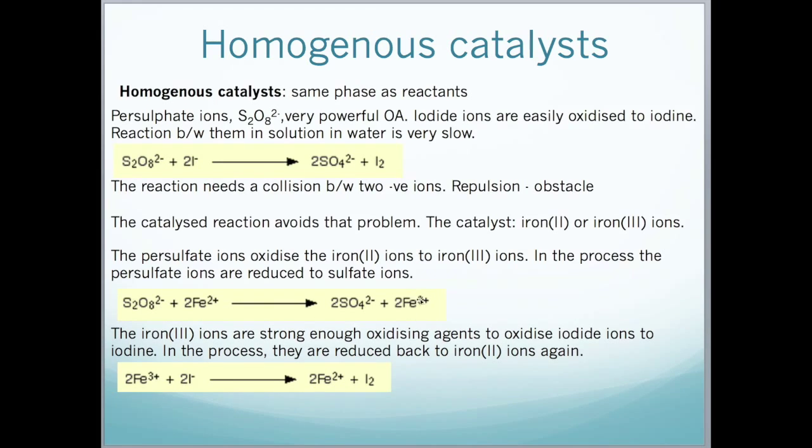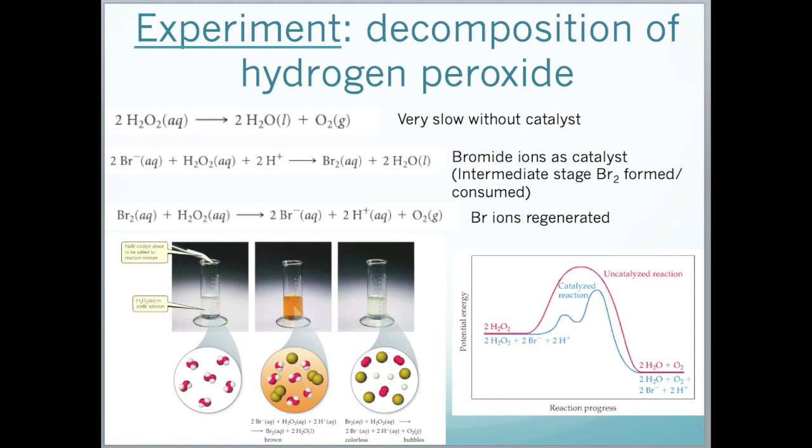The iron 3 ions, which were produced here, are strong enough to act as oxidizing agents and oxidize iodide ions to iodine. In this process, they are reduced back to iron 2 ions, which shows us that iron 2 ions in this case are the catalyst because they are not used up in the reaction and they are regenerated in the end.